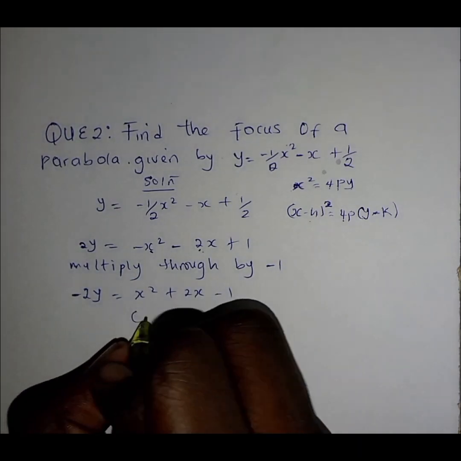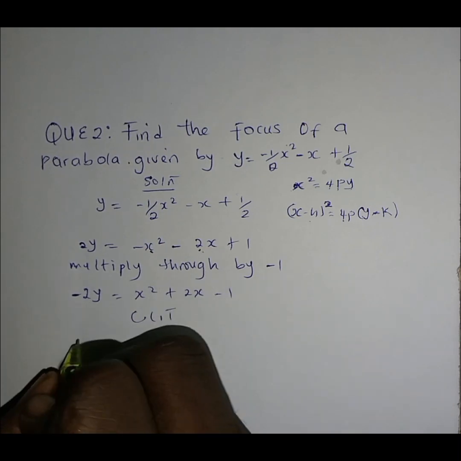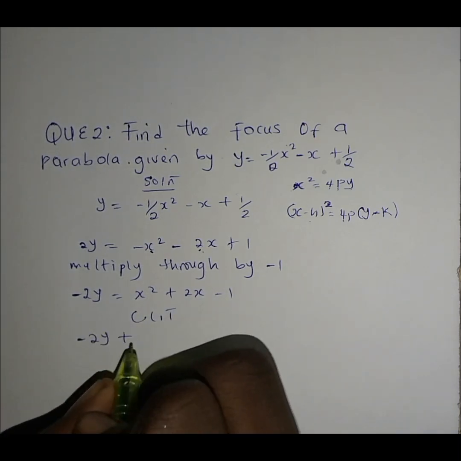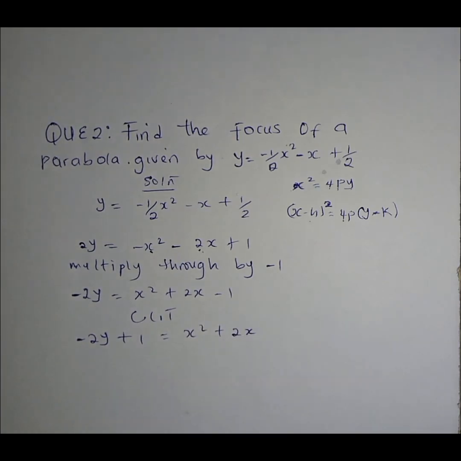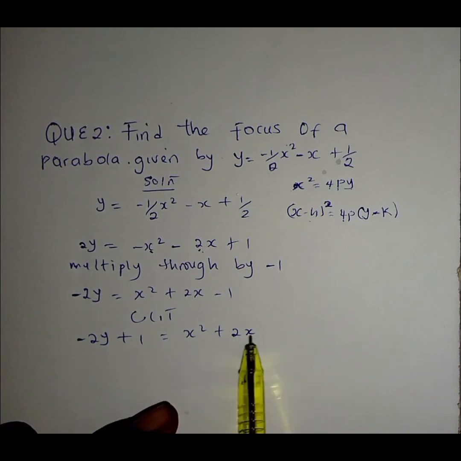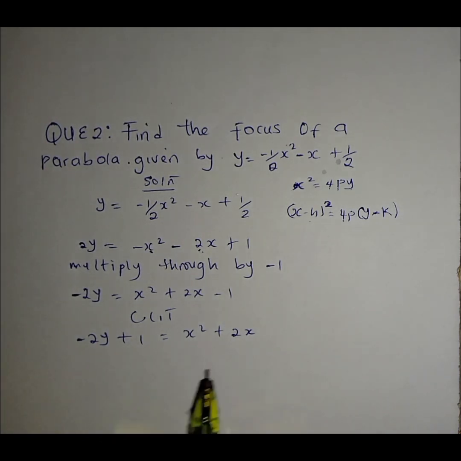Now, we can collect like terms. It becomes minus 2y plus 1 equals x squared plus 2x. Now, what we do, we'll use the completing the square method here to balance this equation.